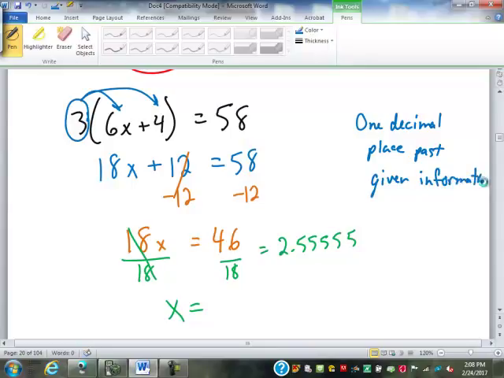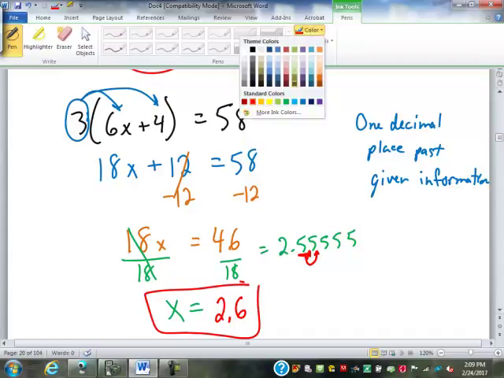In this case, all we were given was the equation, and none of the numbers in the equation have any decimal places in them. So we round our answer to 1 decimal place. If the numbers in our equation had 1 decimal place, we would round our answer to 2 decimal places, and so on. So we could list that as 2 point, what would that round to? The next digit's a 5, so that tells us to round up to 6, so 2.6.